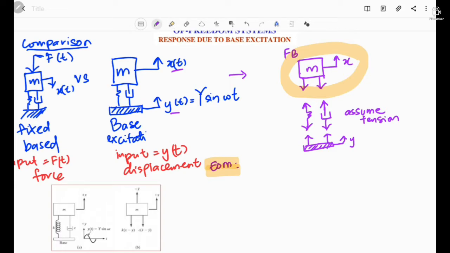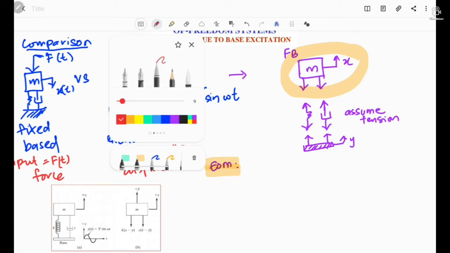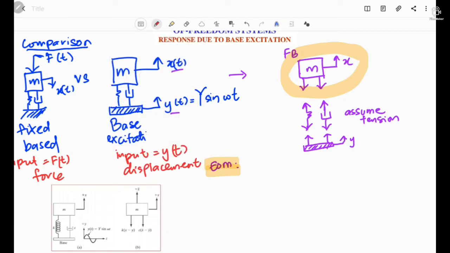Based on the mass, you take a look at the forces here. Before you can write your equations, normally the force for the spring is kx. But now you can see that there are two displacements here. The steps would be, first you need to determine the relative displacement.